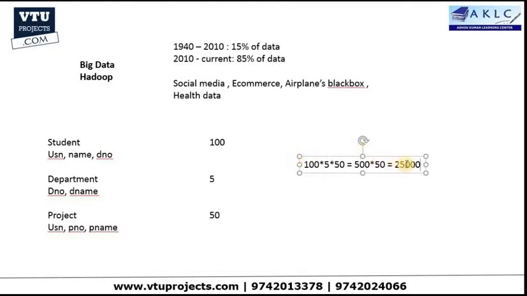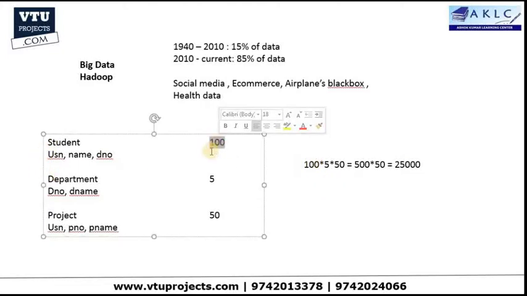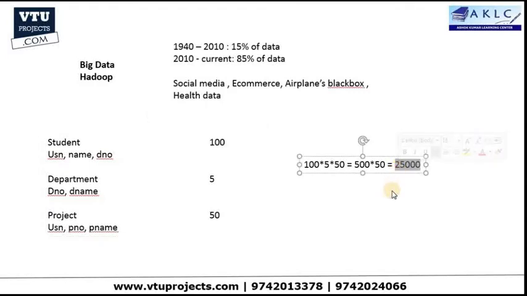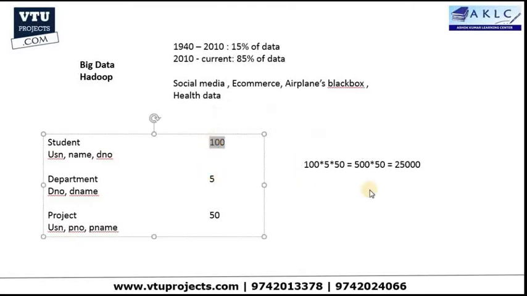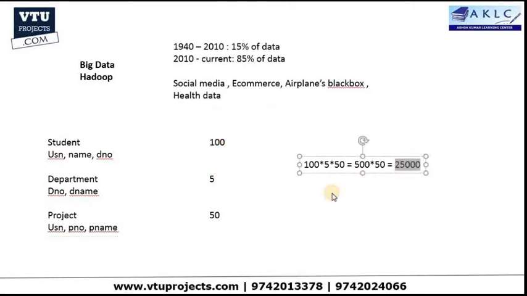So that becomes 25,000 records. You can imagine. The result will be only 100 students, but DBMS would have internally processed 25,000 records. Just to pull out 100 students' data, DBMS internally has processed 25,000 records. This is the reason why we say our DBMS is suitable only for a small amount of data.